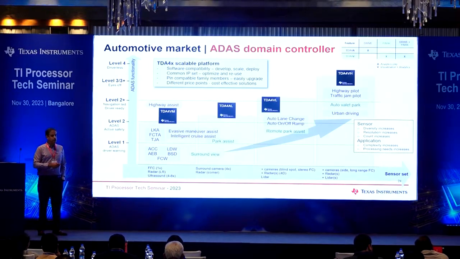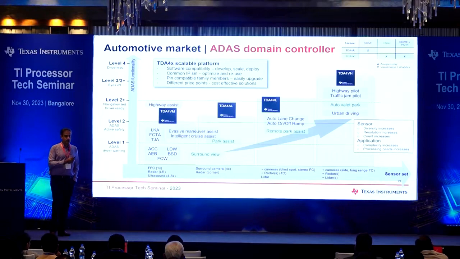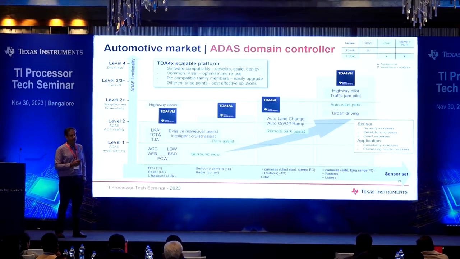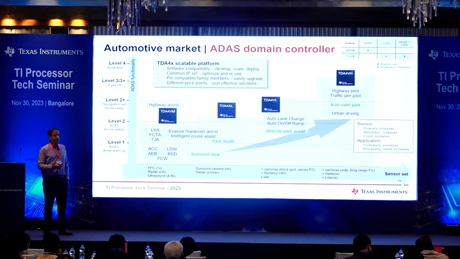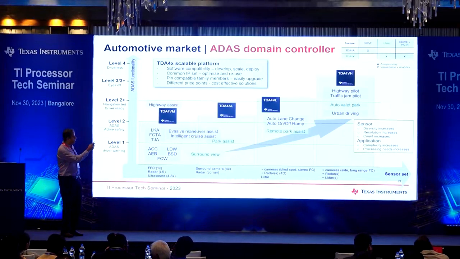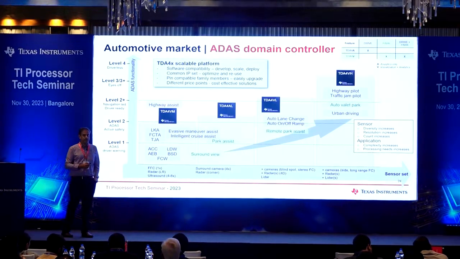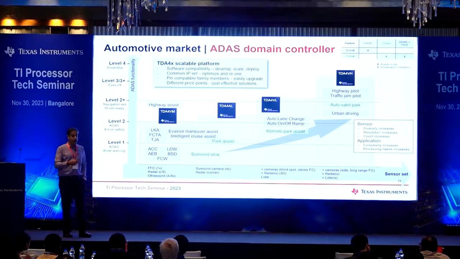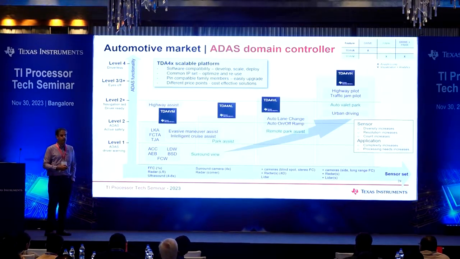These devices also come with a common IP set, so the peripherals, the IPs, and many other things on the device are also common, which helps you optimize and reuse based on which way you scale up or down. Some of these devices are also pin compatible with each other, which makes it even easier from a hardware point of view to scale up or scale down.